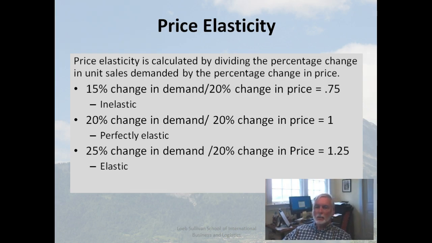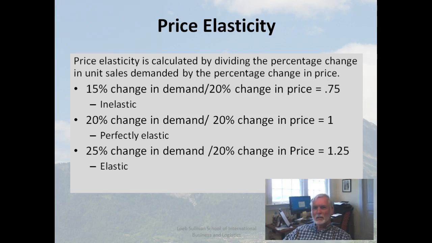So elastic products change more as price changes, they change more than the price change. And inelastic products change less. So in the example here, if we have a 20% change in price, an inelastic product might only change 15% in demand. That's considered to be a price elasticity of 0.75.